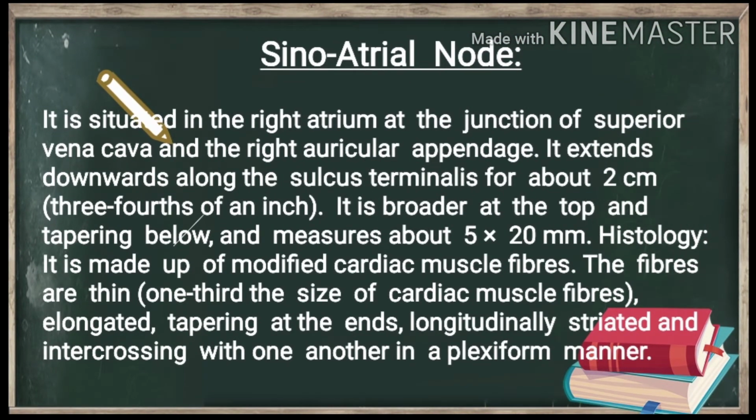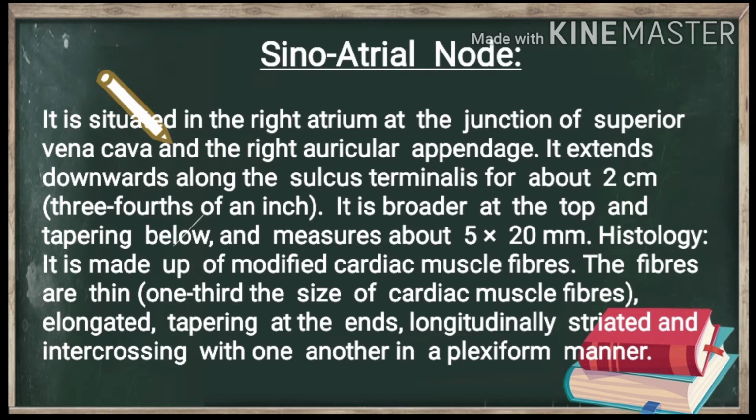Now let's talk about the sinoatrial node. It is situated in the right atrium at the junction of superior vena cava and right auricular appendage. It extends downward along the sulcus terminalis for about 2 cm.